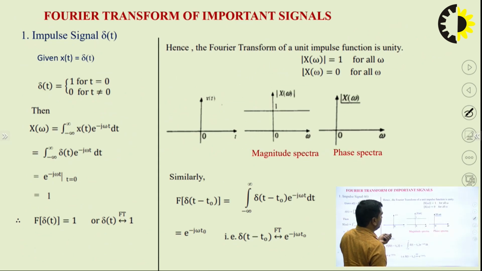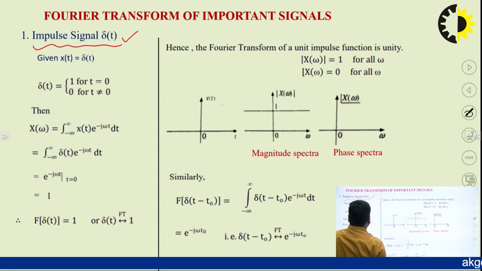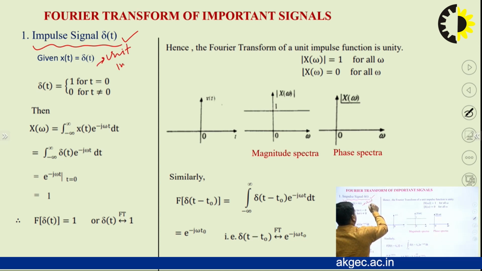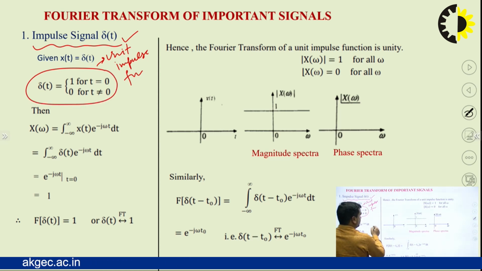Fourier transform of important signals. First we discuss delta(t), that is the impulse function, called the unit impulse function. The value of delta(t) is equal to 1 for t equal to 0. The graph of x(t) is this one.